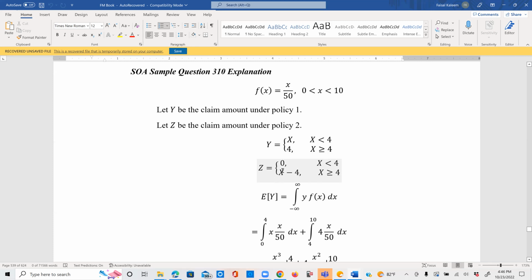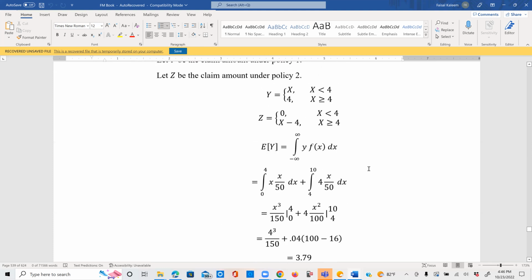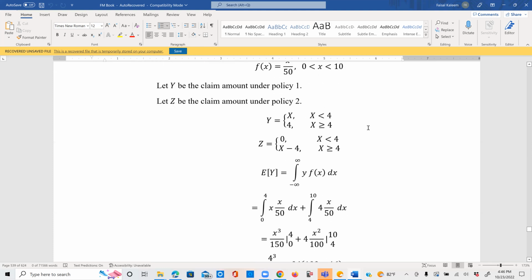So Z is equal to 0 when x is less than 4, and x minus 4 when x is greater than or equal to 4. So you have to find the difference between the expected amounts under policies 1 and 2, and we will therefore find E of Y and E of Z.